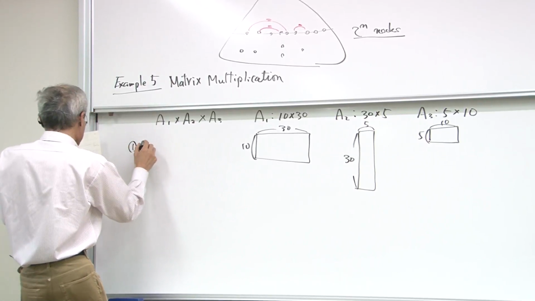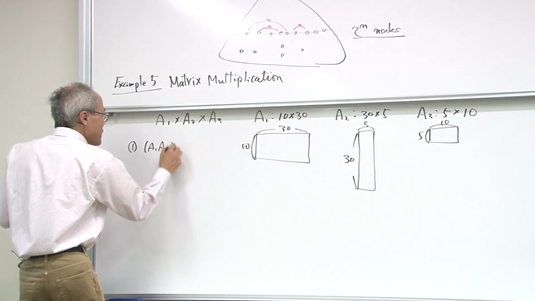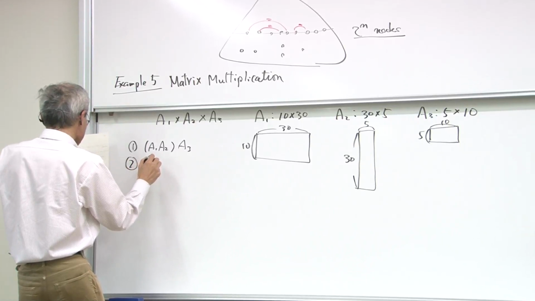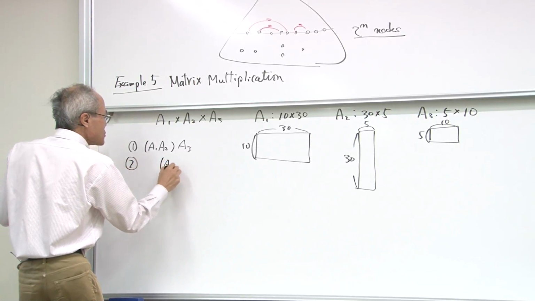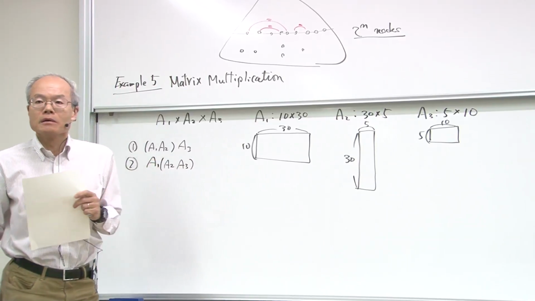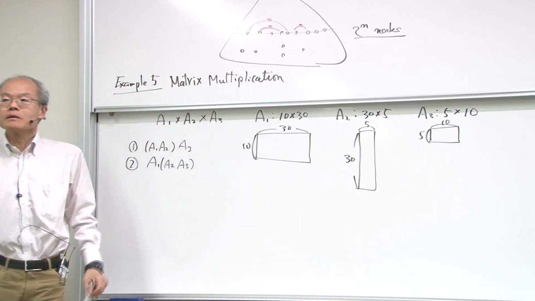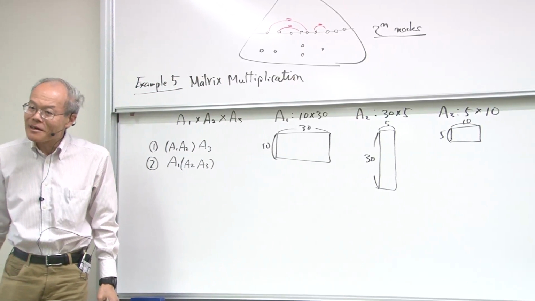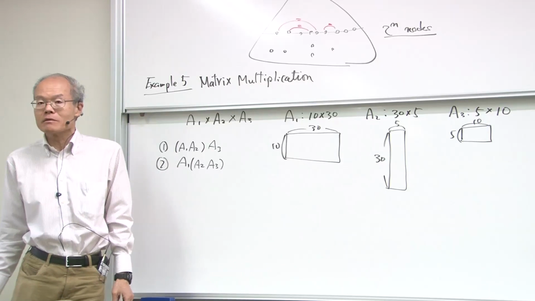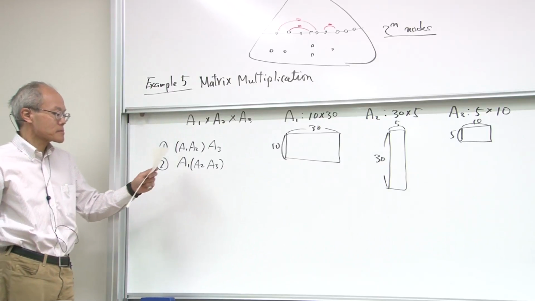Number one is we multiply A1 and A2 first, then A3. Number two is we first multiply A2 and A3, and then A1. We can get the same answer, but the amount of work is surprisingly different. I'll show you the two cases.